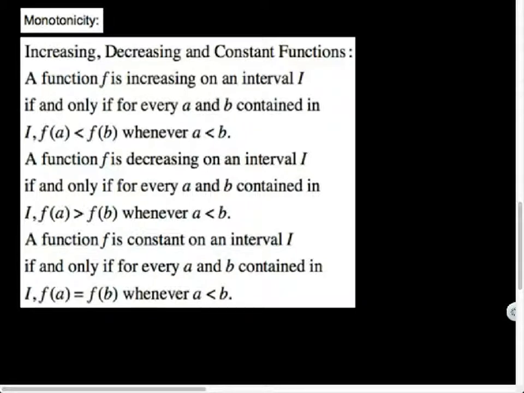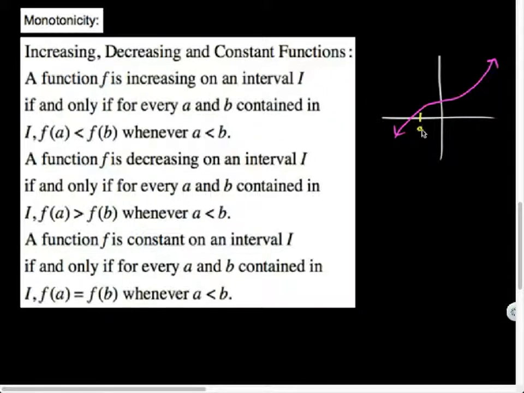So function f is increasing on interval I if and only if for every a and b contained in I, f of a is less than f of b, whenever a is less than b. So that's essentially describing that the points to the left are less than the points to the right. If you imagine a little graph here, it's increasing, even if it's got little swervy curvies.